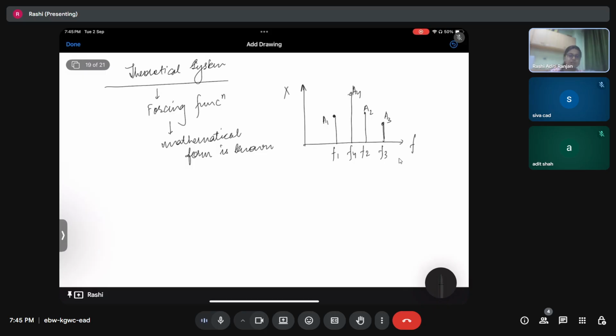So we can use the concept of FFT. From this, we can write it in a series of sines and cosines, and then we can use the theoretical model to get the solution. And then by using the solution, we can derive how the double rubber material should be designed so as to get the least possible transfer of the vibration to the ground. Okay, I hope this is clear.